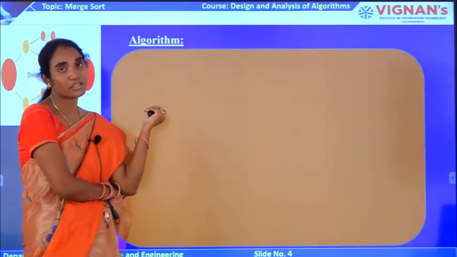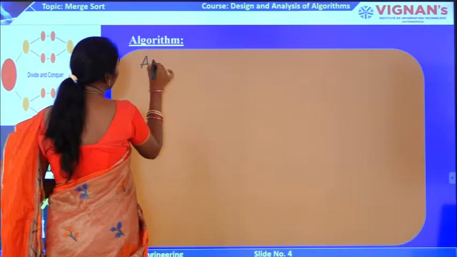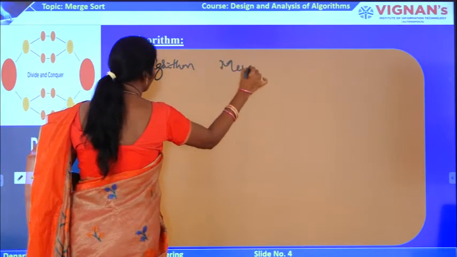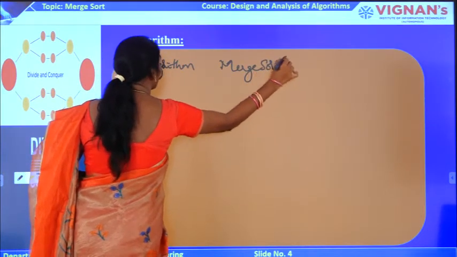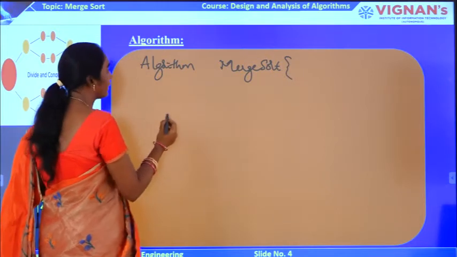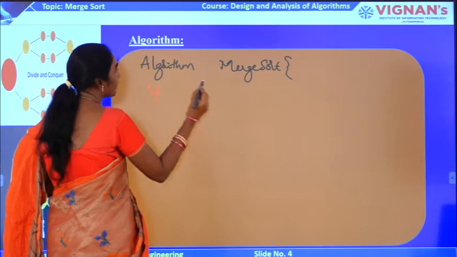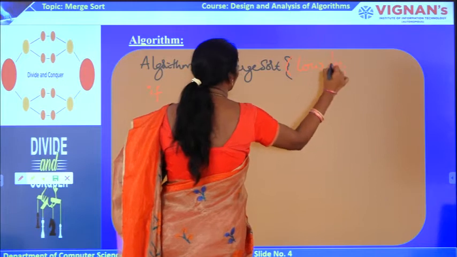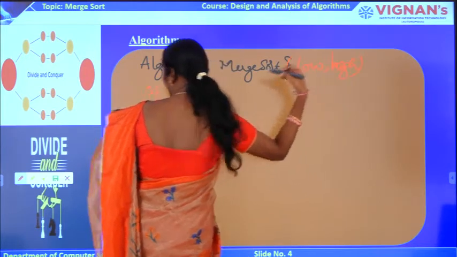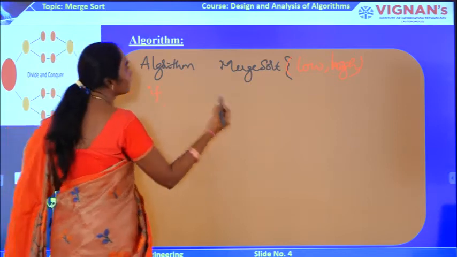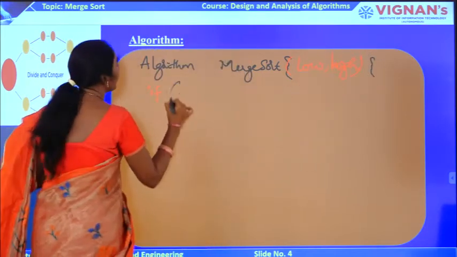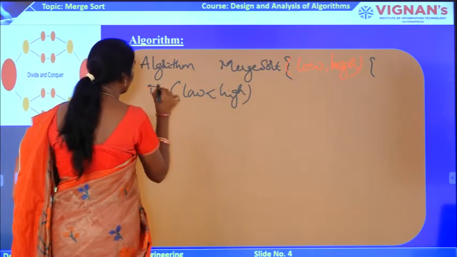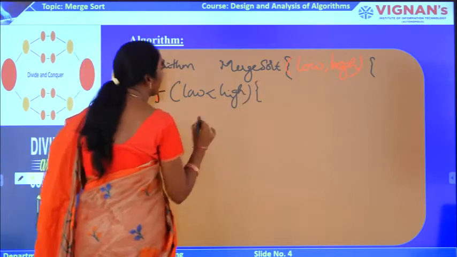Before going to that, let us see the merge sort algorithm. The merge sort algorithm takes low and high. If low is less than high, then I need to calculate the mid value.